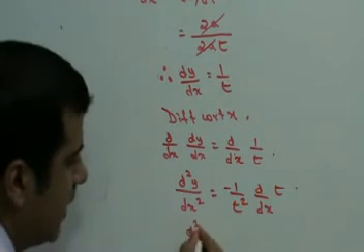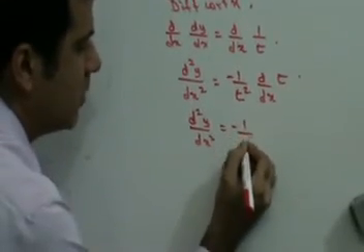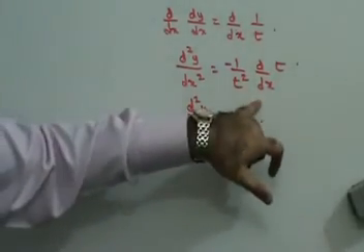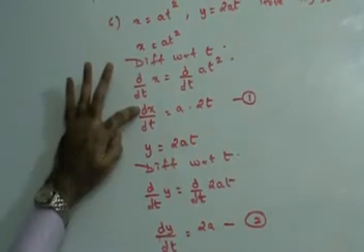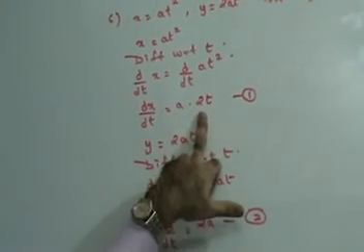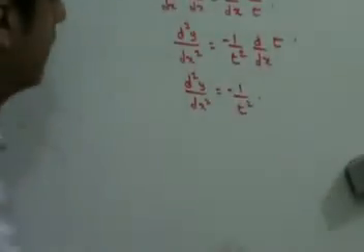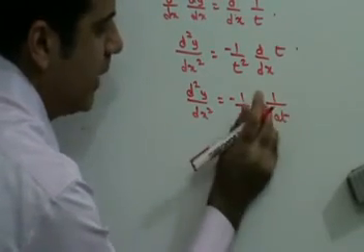Now this can be written as d square y upon dx square is minus 1 upon t square, dt by dx from equation 1. From equation 1 we know that dx by dt is 2at. That means dt by dx should be 1 upon 2at. So dt by dx can be written as 1 upon 2at.